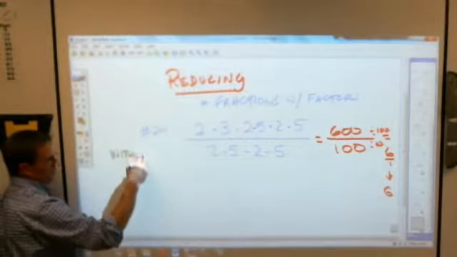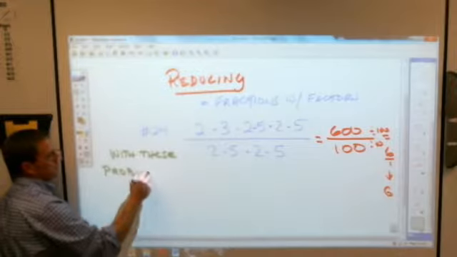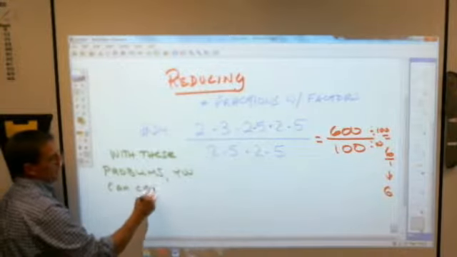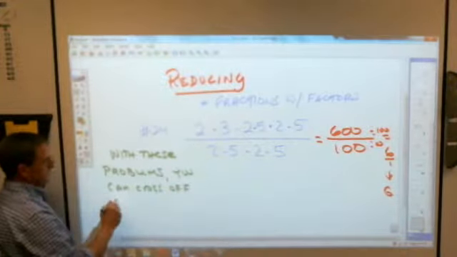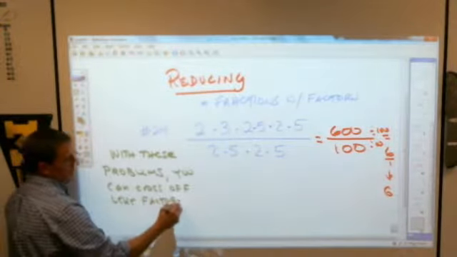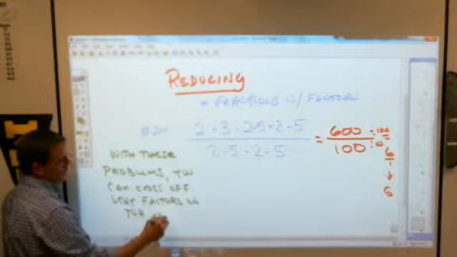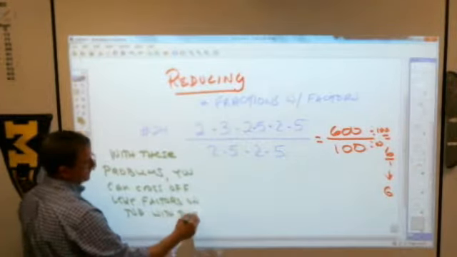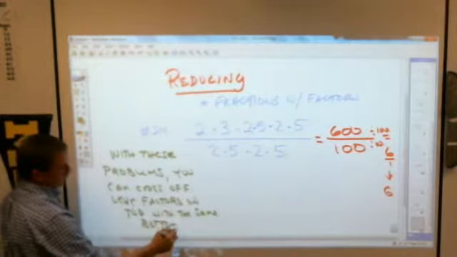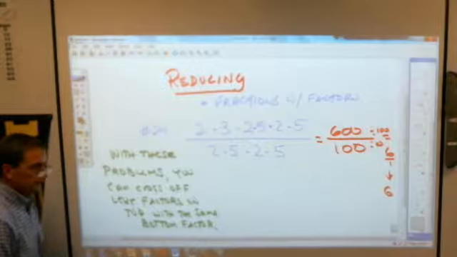With these problems, you can cross off like factors on top with the same bottom factor. And we'll see if you can make some sort of deductive leap here.